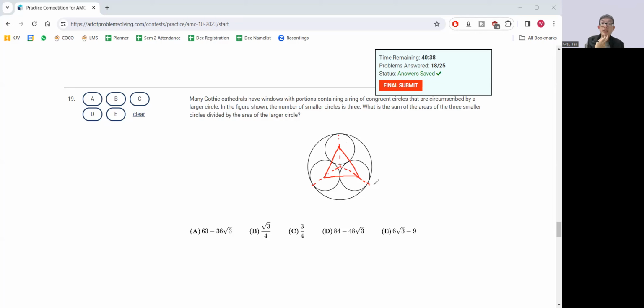Now I'm going to just assume that the small circles have radius 1. Since it's a ratio and I've not been given any lengths, so this is 1, this is 2, and once again, if I chopped it in here, this would be a 30, 60, 90 triangle. This is 1, means that this length here is going to be 2 over root 3. So your big radius is 1 plus 2 over root 3.